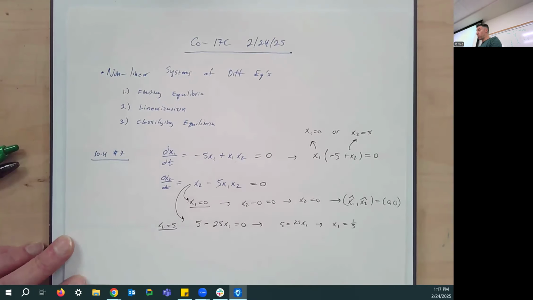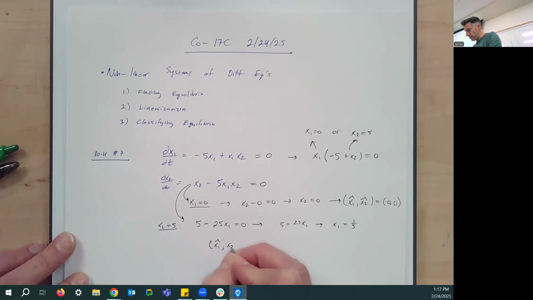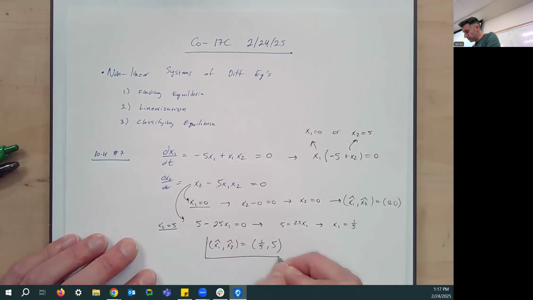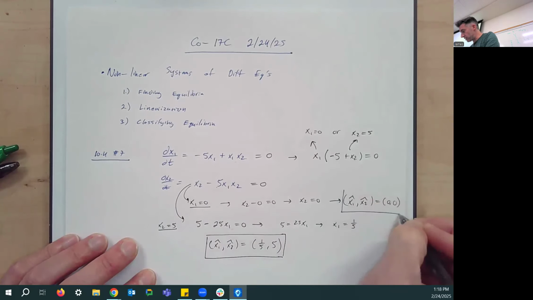So my other equilibrium is x1 hat, x2 hat equal to 1/5 comma 5. And those are points that we can plug into both equations, and each equation would equal 0 at each of those 2 points. So these are our 2 equilibrium points, no longer just the origin.